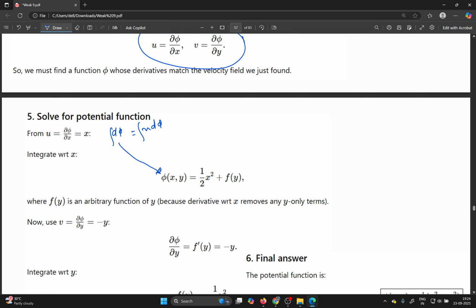So del phi by del x is equal to x, and integrating x gives x square by 2.